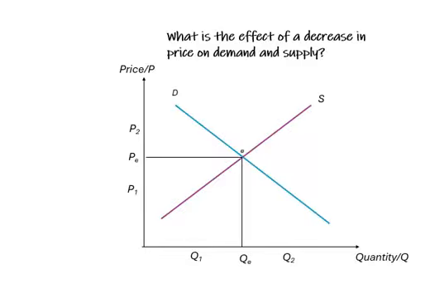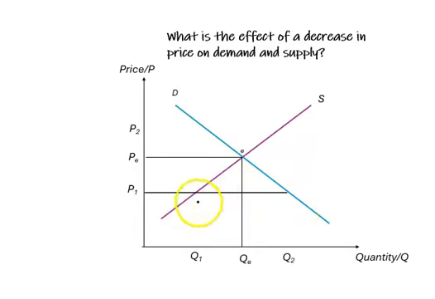What is the effect of a decrease in price on demand and supply? The decrease in price will be at P1. So we draw a line that will meet both demand and supply at P1.